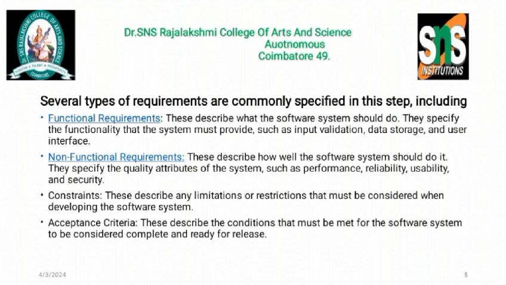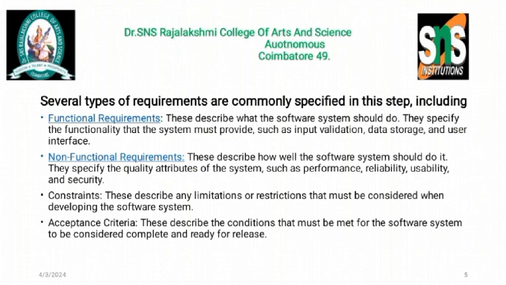requirements. Functional requirements describe what the software system should do. They specify the functionality that the system must provide, such as input validation, data storage, and user interface. It totally describes the functionality of an individual module or the overall project. Non-functional requirements describe how well the software system should do it.